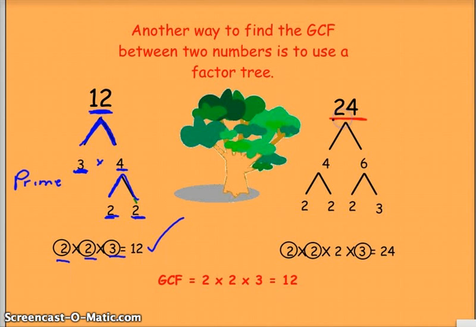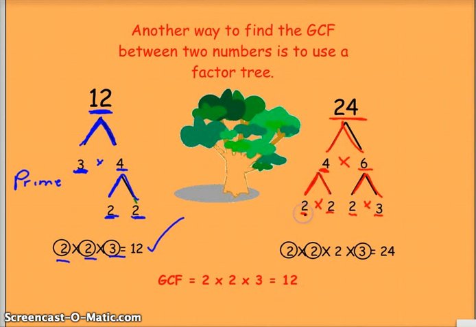I do the same thing for 24. I choose two factors. In this case, I chose a 4 and a 6. Really it could be anything. I could have chosen a 3 and an 8, a 2 and a 12. I sort of like 4 and 6 and chose them. I say, are 4 and 6 prime? The answer is no. So I do further branches. 4 can be broken down into 2 times 2. 6 is a 2 times a 3.